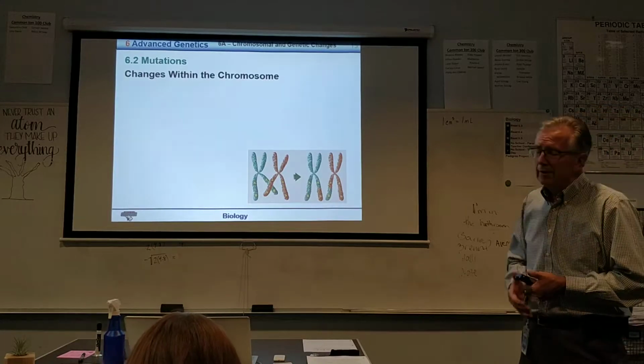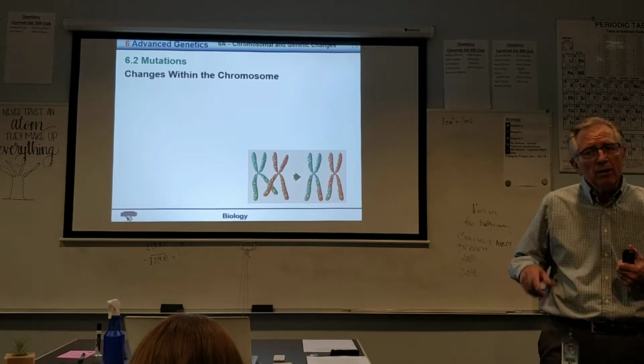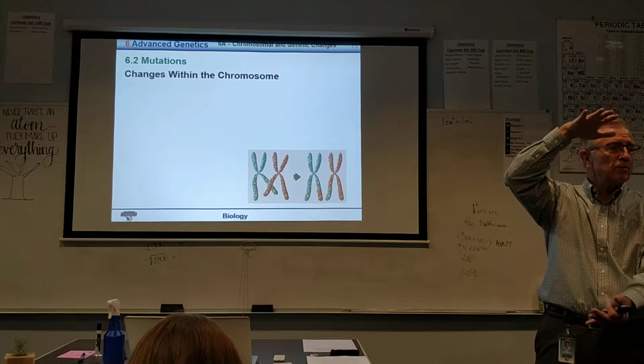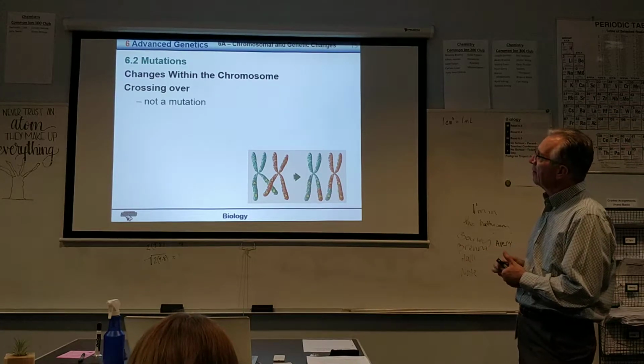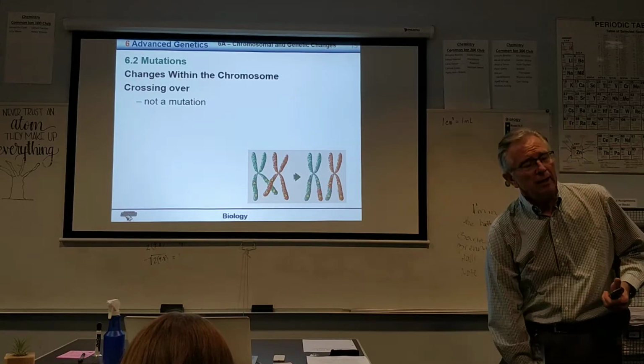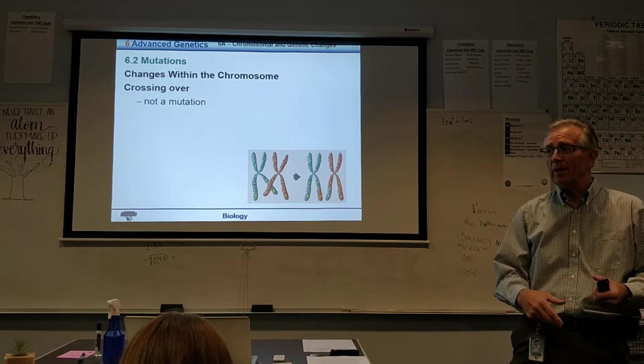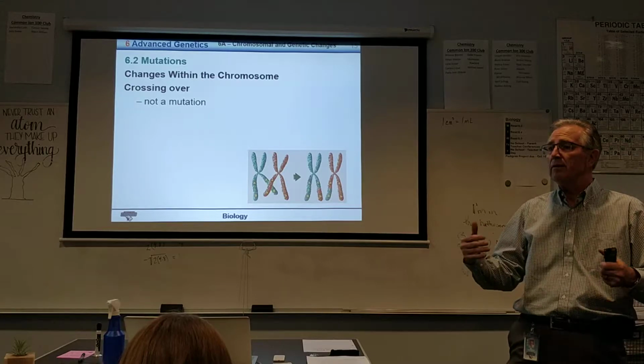Now, how can these mutations occur? Well, one of the ways is we can look at what happens to the chromosome. One of the ways that happens quite often, it's not considered a mutation, but it is a change in the chromosome.